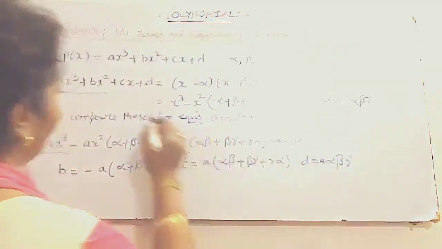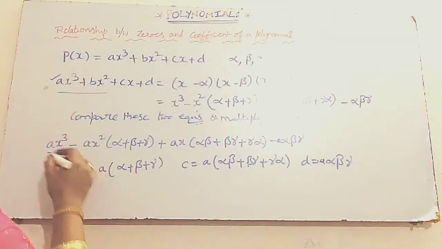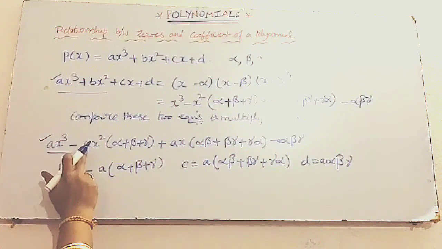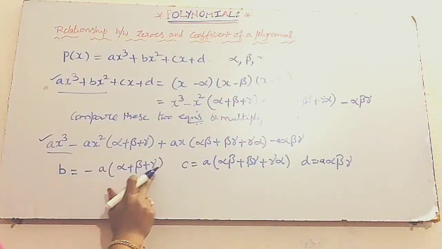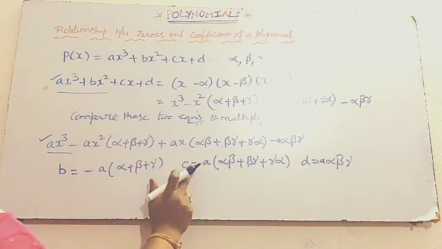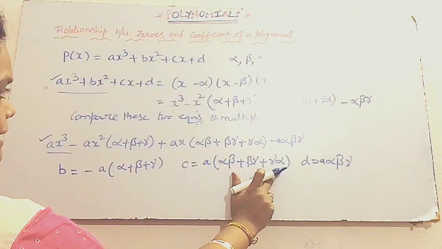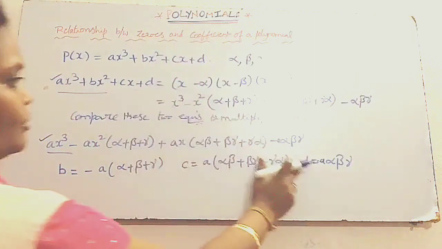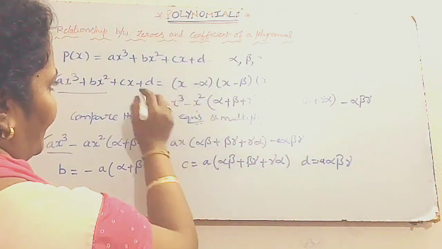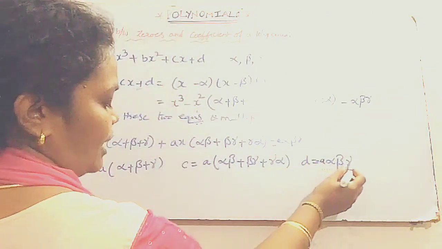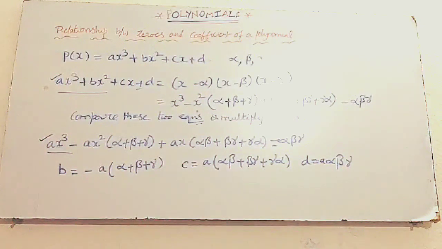Sorry, here also a. Comparing these two equations, here plus is there and here minus is there, that way d is minus a into alpha beta gamma.